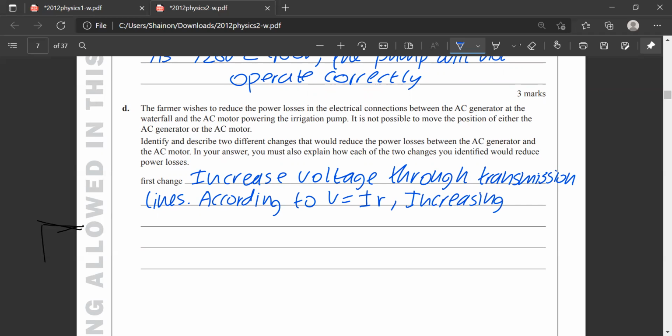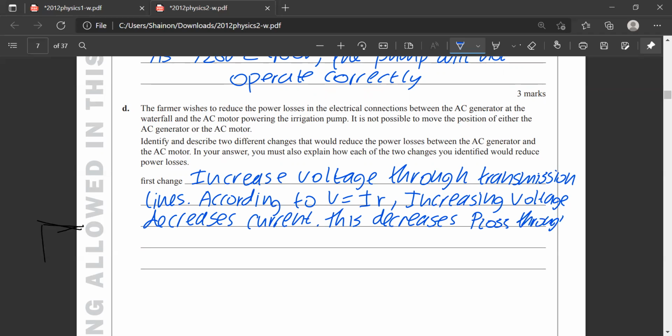Increasing voltage decreases P loss through transmission line.